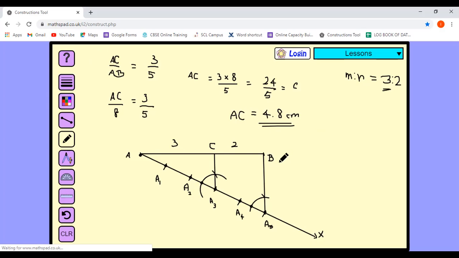So whenever you are using the construction, please make sure that you are having a sharp pencil. Use a separate pencil for drawing the line and for the compass. Okay, so use two pencils and always make sure to mark the endpoints with a line. Don't make a big dot. It will give at least a millimeter difference.